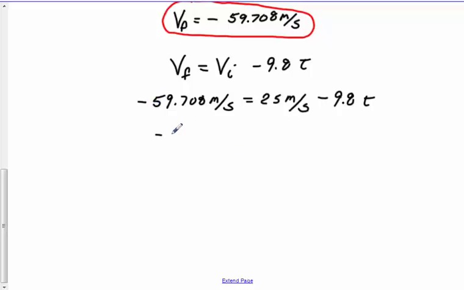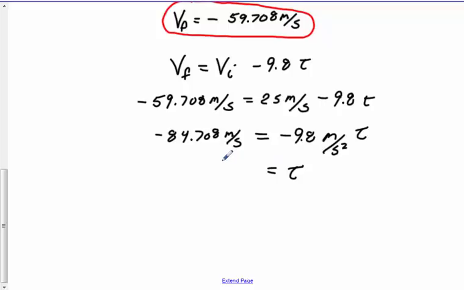So over here, I have negative 84.708 meters a second is equal to negative 9.8 t. Again, you guys should put the units on here. I'm not as careful as I should be. Divide by negative 9.8. And I get a time of 8.64 seconds.